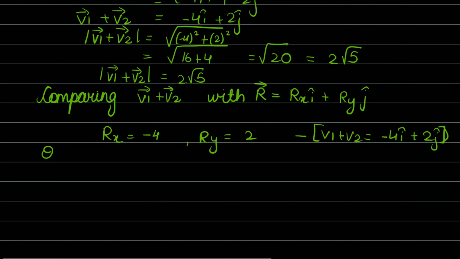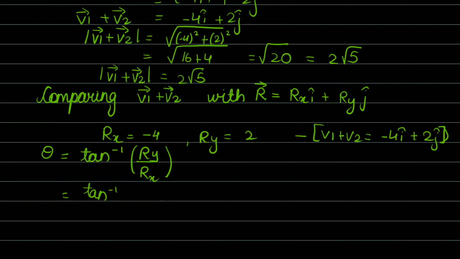So we know that theta equals tan inverse of ry upon rx. We know the values of ry and rx. That is tan inverse of 2 divided by -4, which is equal to tan inverse of -1 by 2.